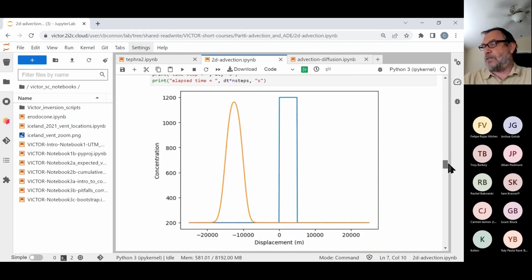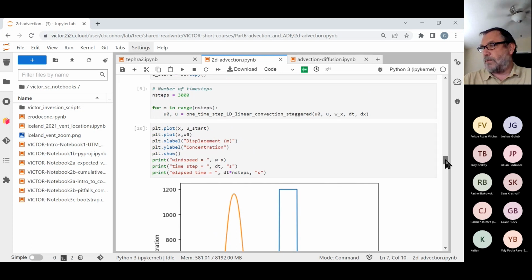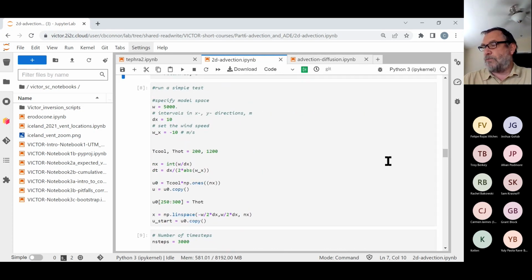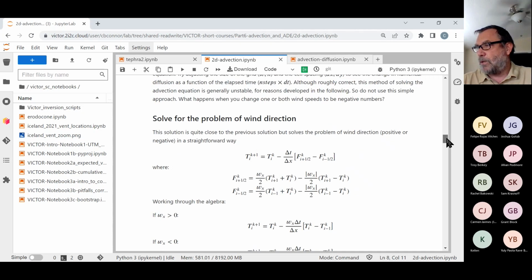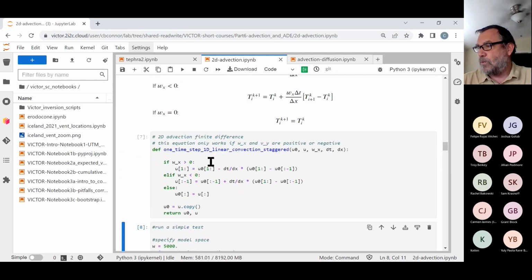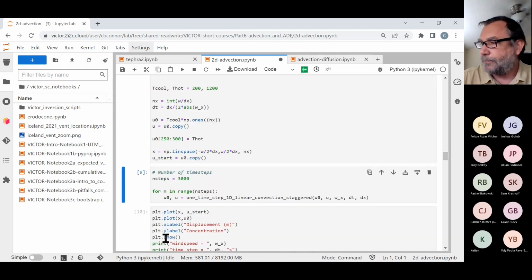And here's the solution. So I start with the concentration along the x-axis from, I don't know what it was, 0 to something, at these grid point locations. I assign those to hot values. And I set the wind velocity to be negative because that's what I wanted to implement. So let me better run these in order just to make sure everything goes okay.